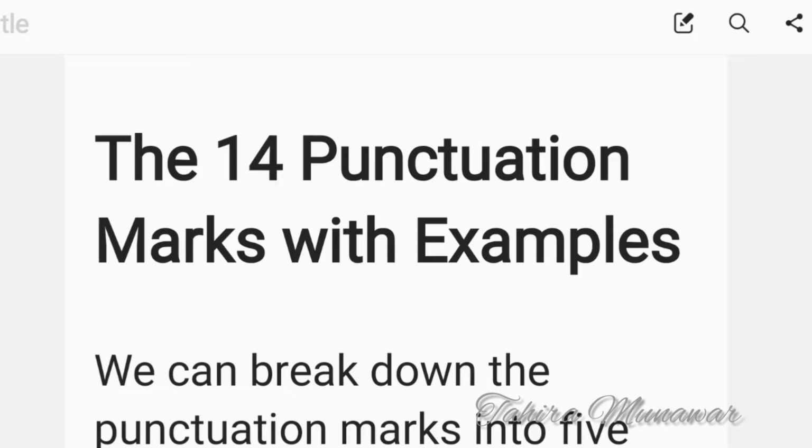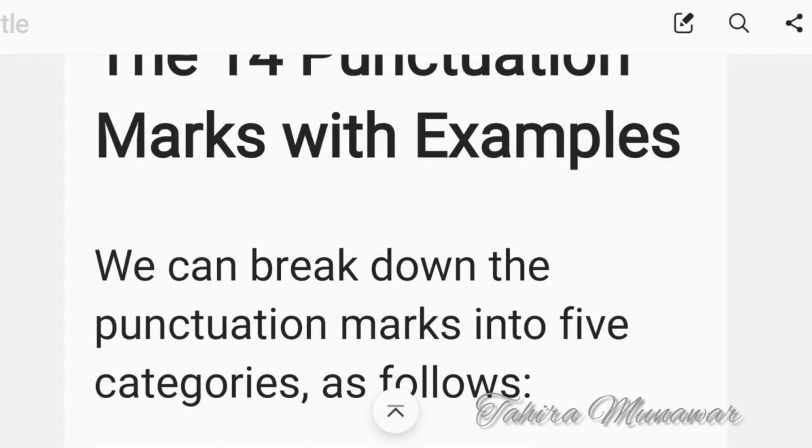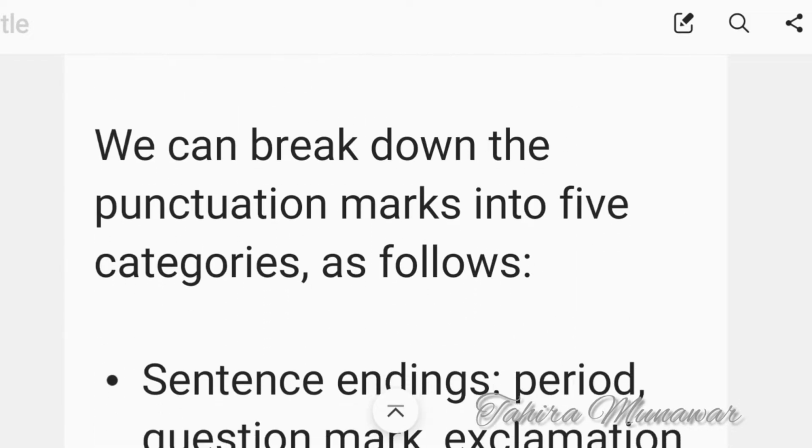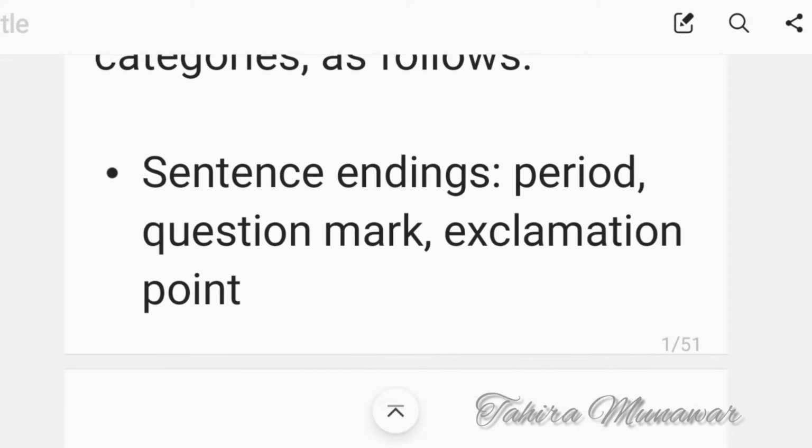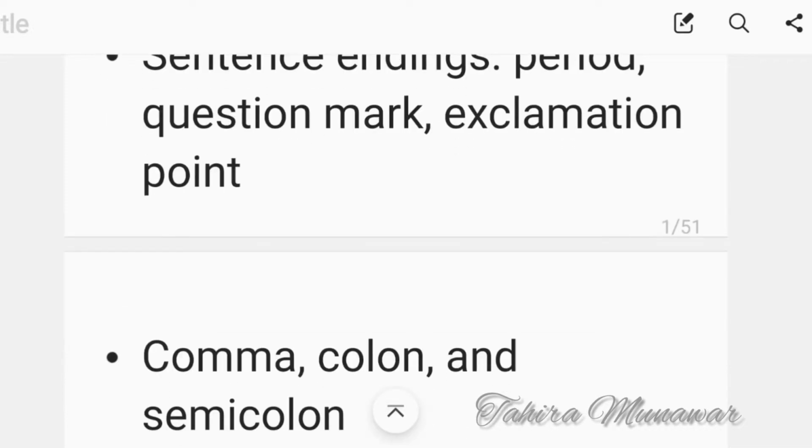We are taking an overview about the punctuation signs that we use in English writing, especially. So here we will discuss the breakdown of the punctuation marks into 5 different categories. Sentence endings, that is the punctuation signs that we usually use at the end of a sentence, that is period, question mark, exclamation point.